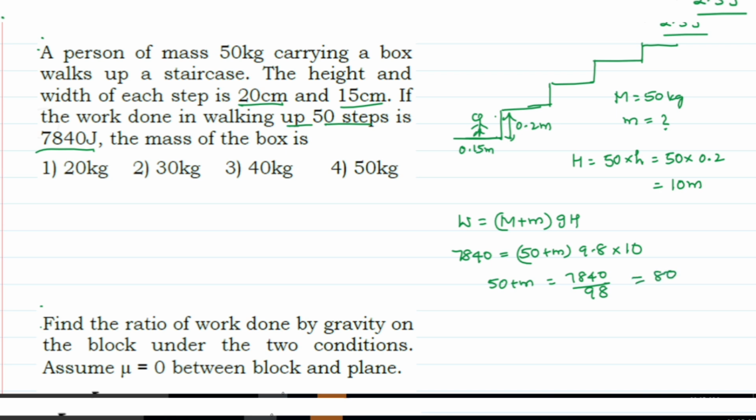This value comes to 80. When simplifying, 80 minus 50 gives 30 kg, which is the correct answer. So this is the mass of the box being carried.